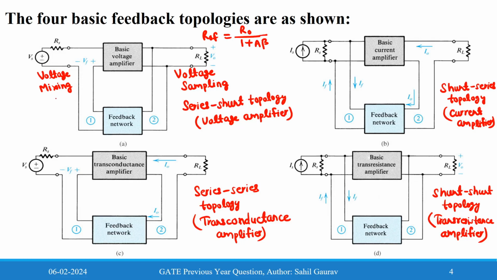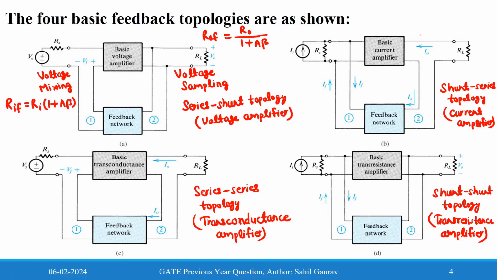And if you are doing voltage mixing, then input resistance will get increased. That means RIF equal to Ri into 1 plus A beta.